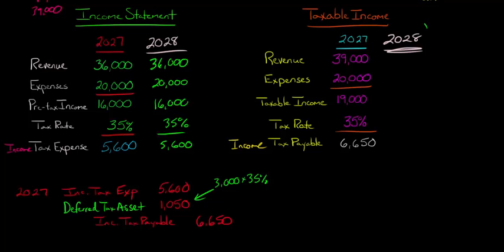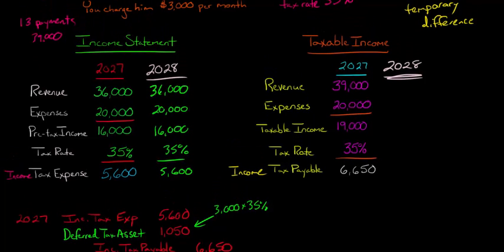But let's assume for 2028, for tax purposes, that Standing Bear makes 11 months of payments, right? So over 2 years he's going to make 24 payments, right? So let's say that in 2028 he makes 11 payments, and so he basically made 13 payments in 2027, and then 11 payments in 2028.